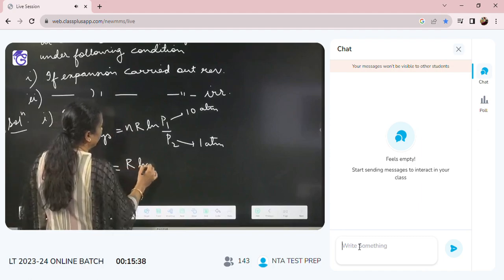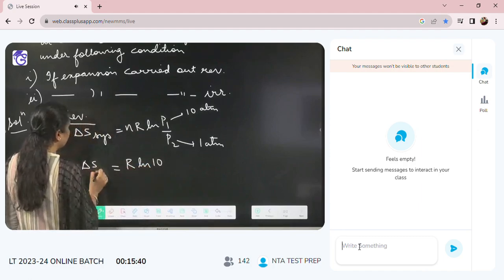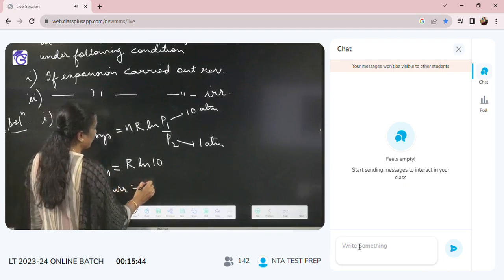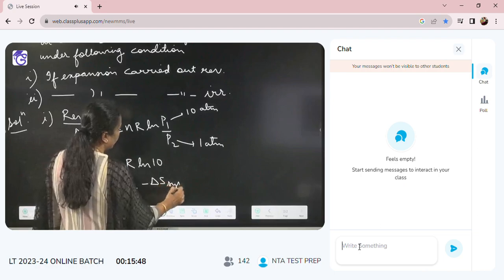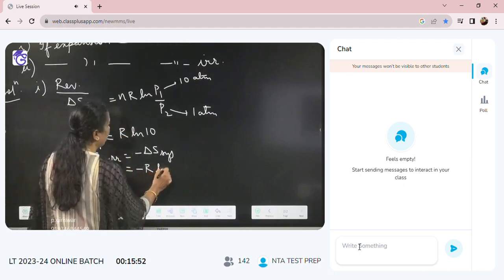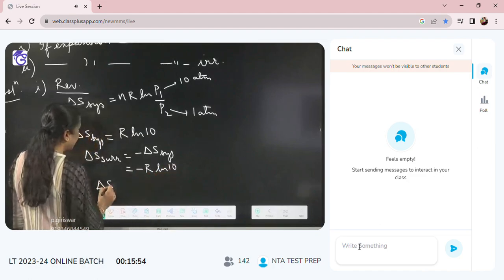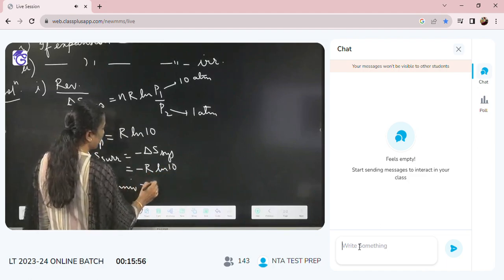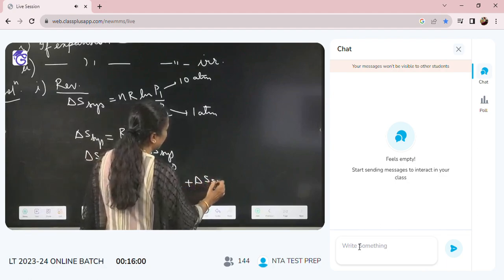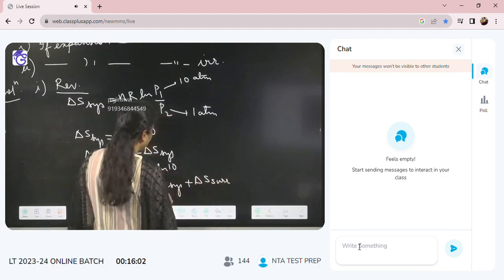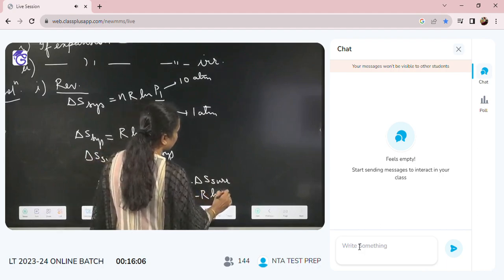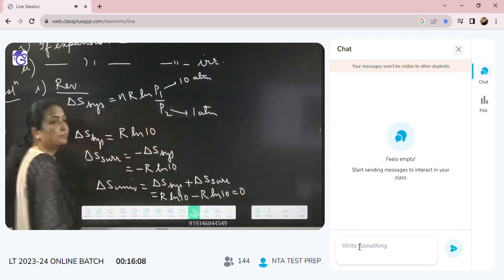So R ln 10 will be your delta S system. And delta S surrounding is going to be minus of delta S system for a reversible process. So it will become minus R ln 10. And delta S universe is just the summation of these two, which is going to be 0, because it is R ln 10 minus R ln 10. Able to get this?